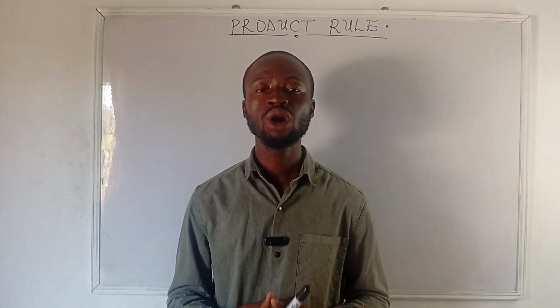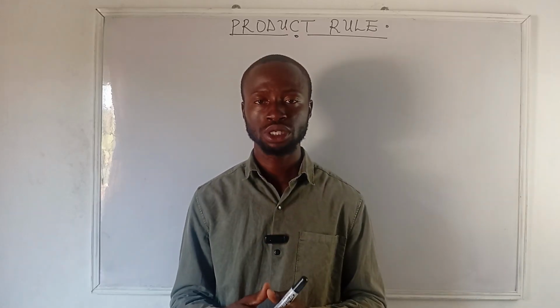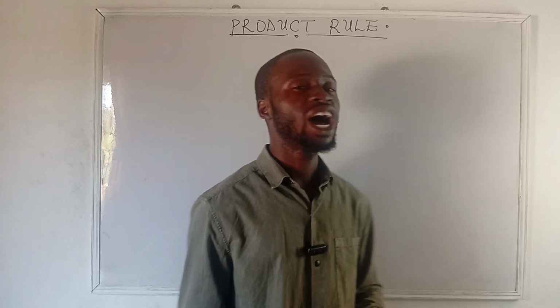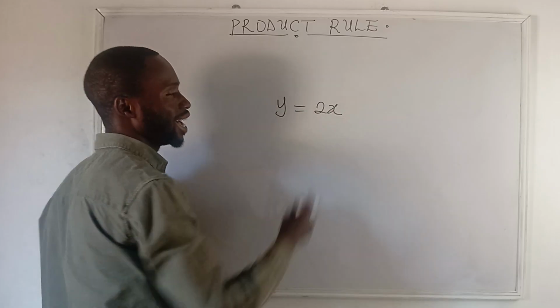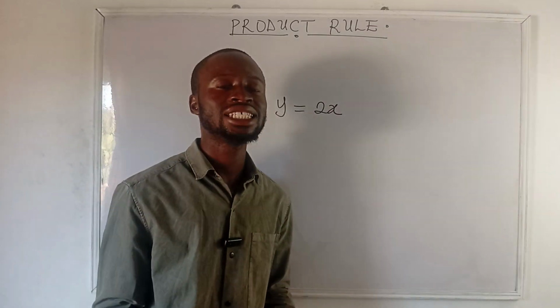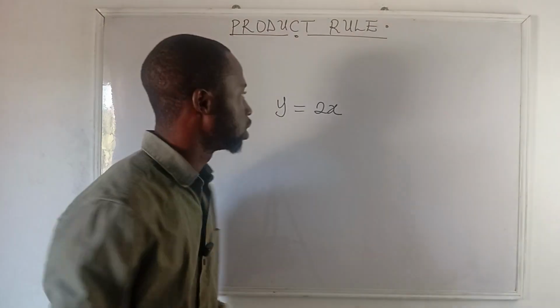Now, the product rule, when we are given functions that are multiplying themselves, for example, if I have a polynomial function y equals 2x and it is multiplying a trigonometric function, remember the word multiply.